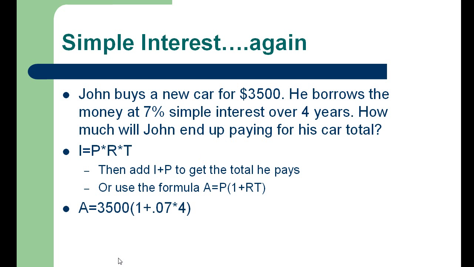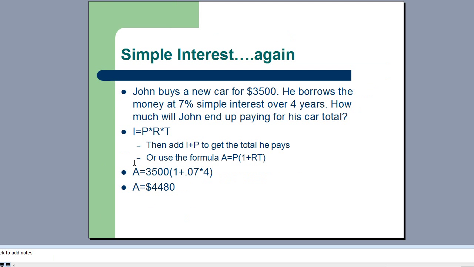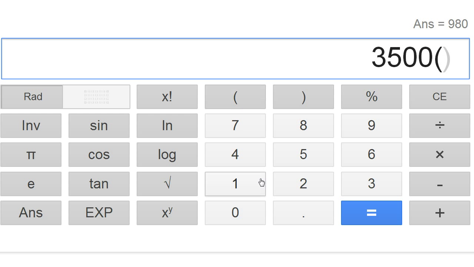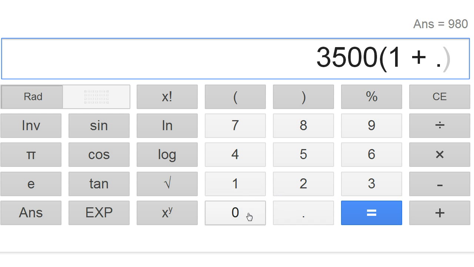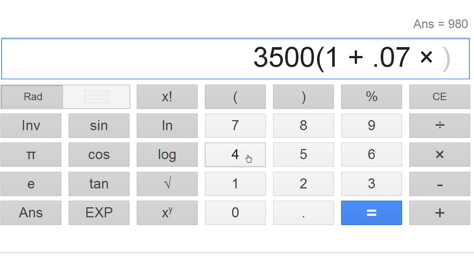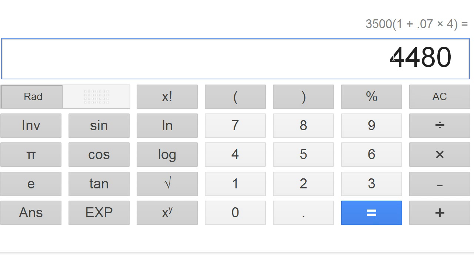And if we do that, our formula should look just like this: 3,500, parentheses, 1 plus 0.07 times 4, R times T, close parentheses. Let's go ahead and do that one real quick on our calculator. 3,500, parentheses, 1 plus R, which is 0.07, times T, which is 4, gets us 4,480.